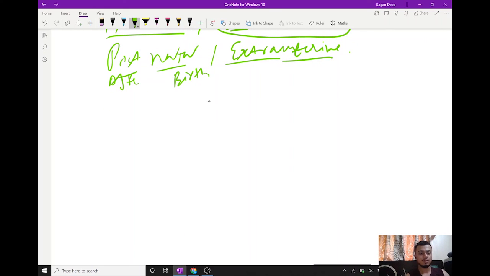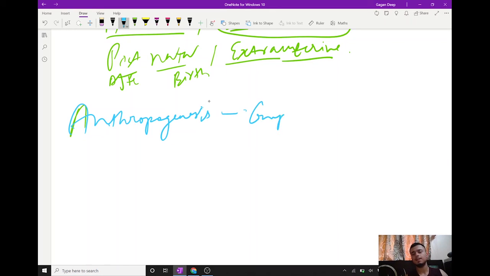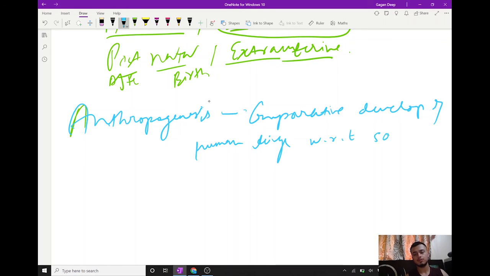Now we can also study development as anthropogenesis. It is the comparative development of human beings in relation to society. Comparative development can involve psychological, cognitive development, and various developments.